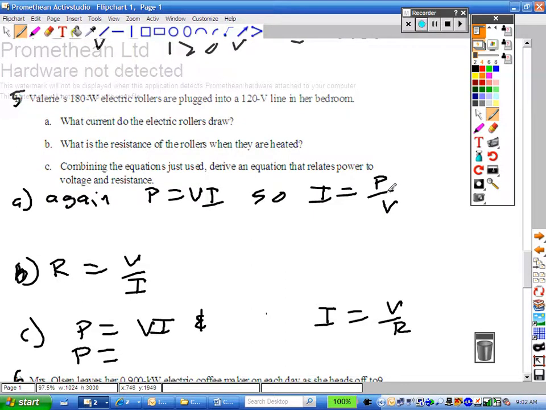Okay, Valerie is again going to use power equals V times I, so I equals P divided by V. In this case, the power is actually 1400 watts. 1400 watts over 120 volts is equal to 11.7 amps.